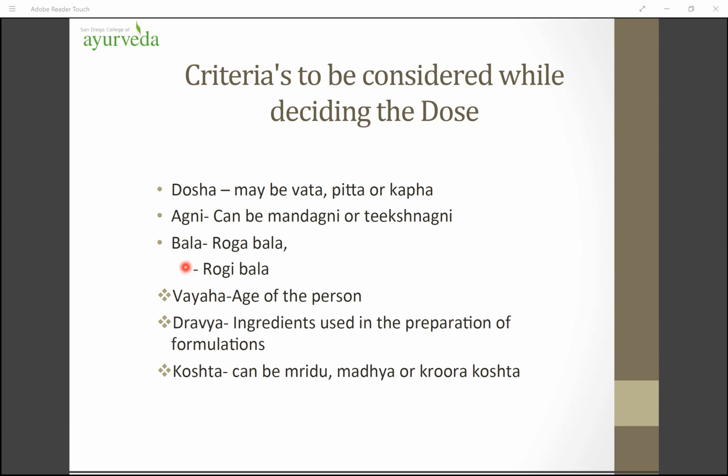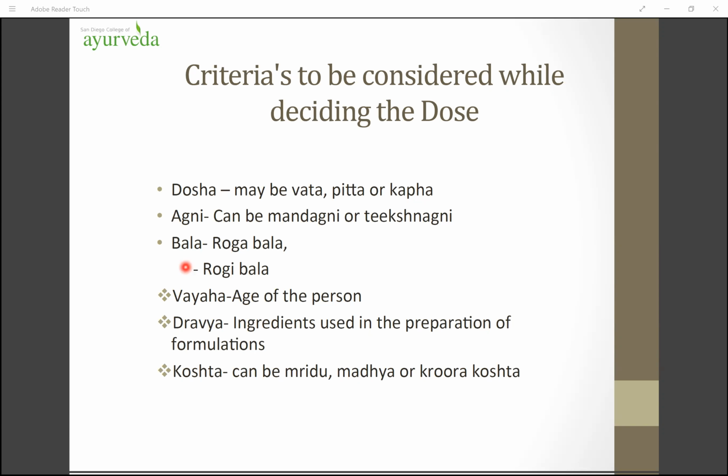Secondly, you again need to know the strength of the patient to digest a particular medicine. So in allopathic, you have these antibiotics that are prescribed, and these antibiotics are really strong.